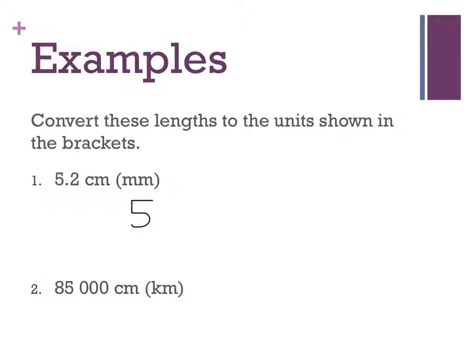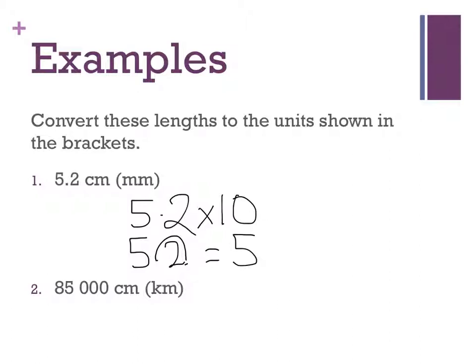So 5.2 multiplied by 10. I just take the decimal point and I move it 1 spot to the right when I'm multiplying with decimals. 5.2 multiplied by 10 is 52. So 5.2 centimetres is the same as 52 millimetres.